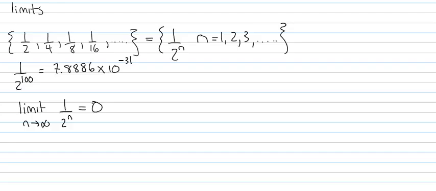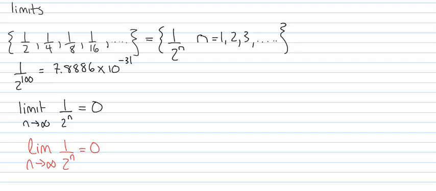They are going to get closer and closer and closer to 0 as the value of n gets larger and larger and larger. And so we can write this the conventional way: the limit of 1 over 2 to the n as n approaches infinity is equal to 0. So we've just shown how to talk about a limit with regards to a sequence.